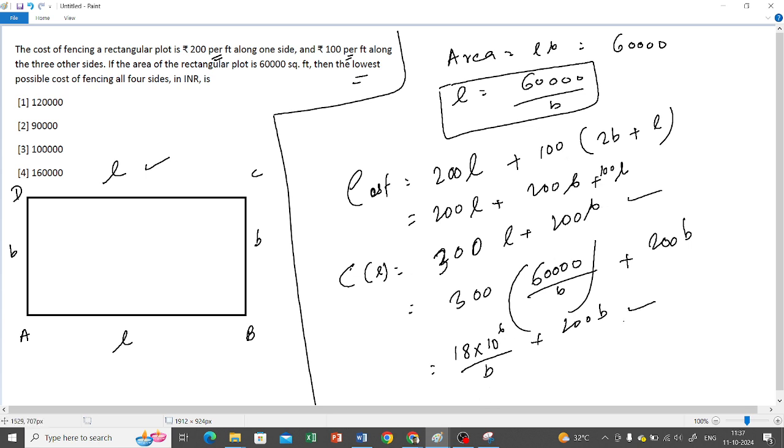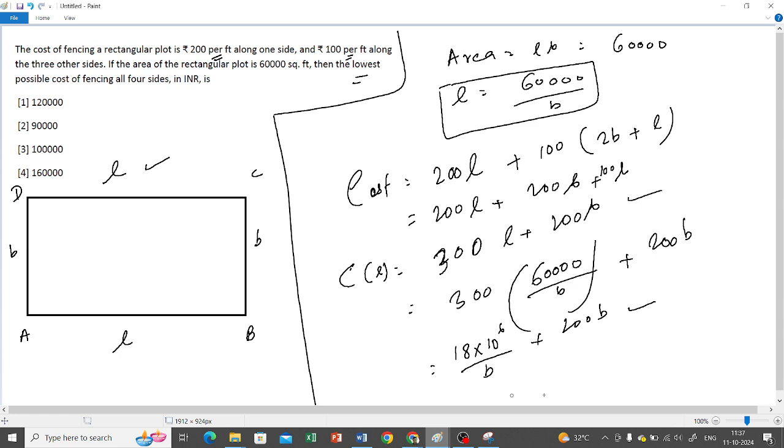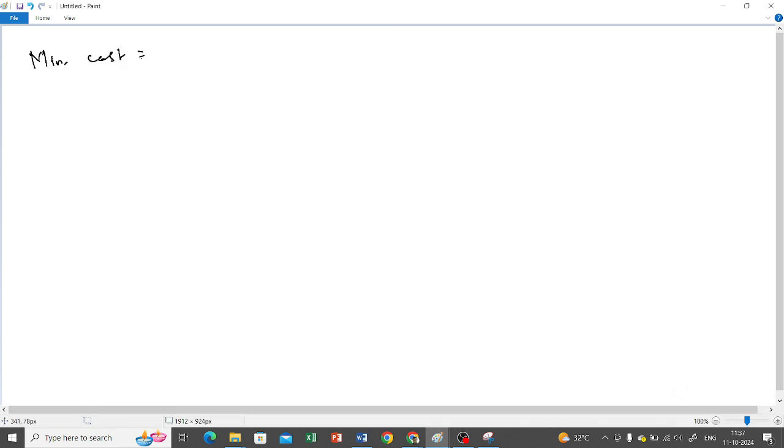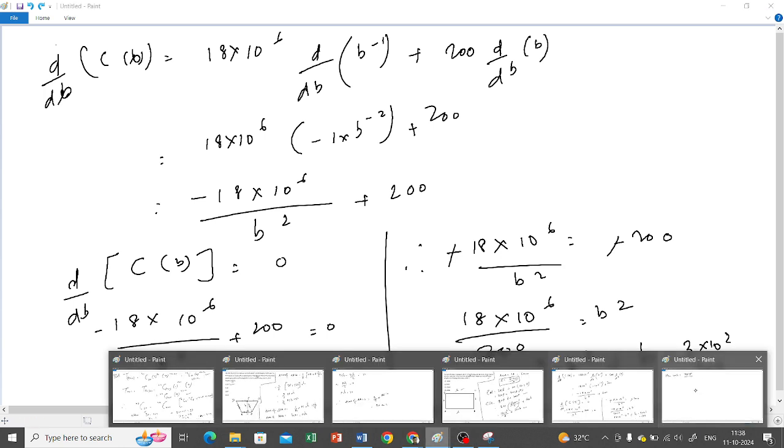What is the cost function? This is the cost function. So therefore the minimum cost is 18 into 10 to the power 6 by 300.